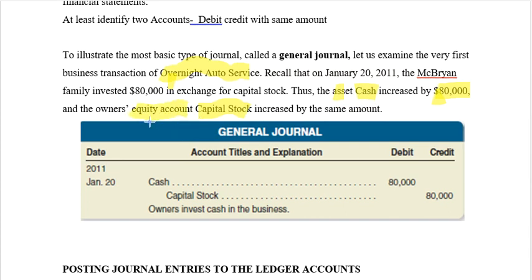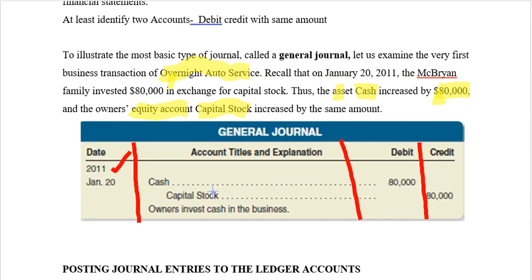Now how can we do the transaction? Simply, we first write the date, 2011 January 20. Then it is simply four columns: the first column is the date, the second is the detail and explanation of the account, and the third and fourth are the debit and credit amounts.